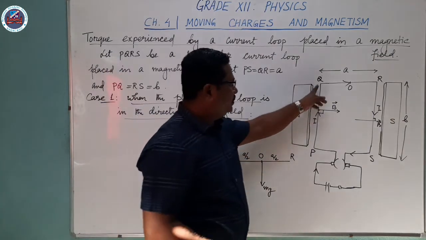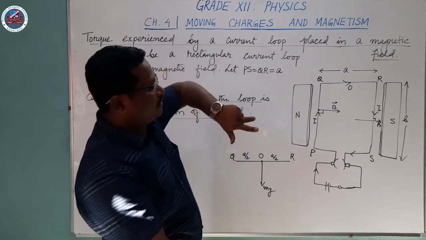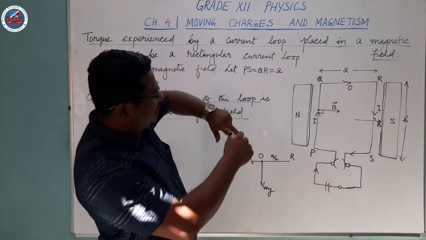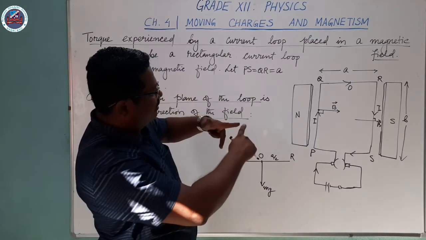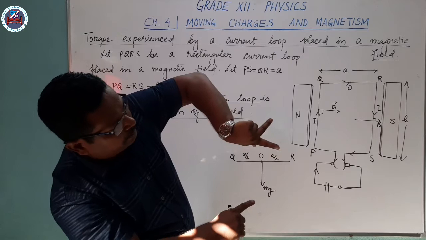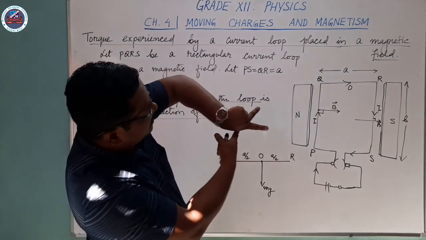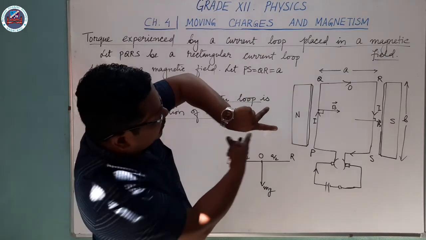If you use Fleming's left hand rule, magnetic field is in this direction and current is flowing up, so side PQ will move downwards.